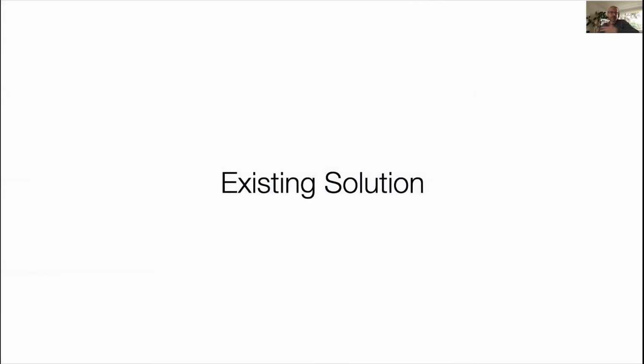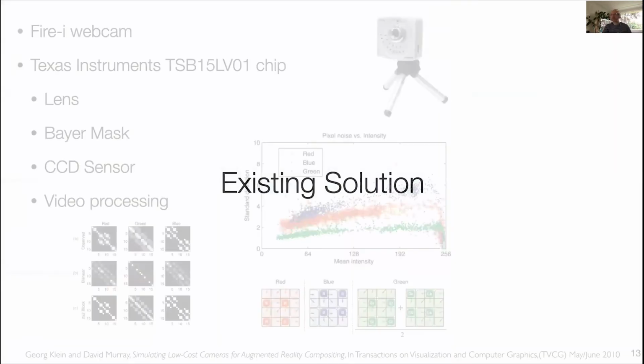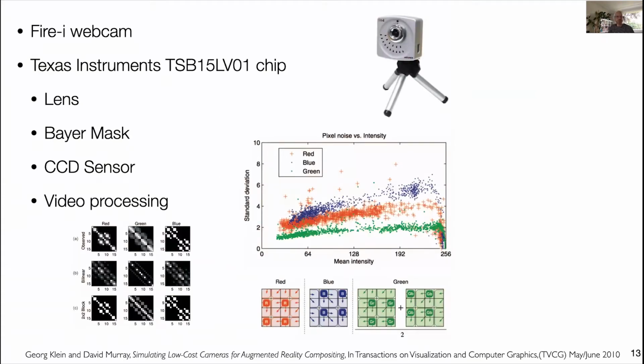And what he back then proposed was re-implementing the camera pipeline in real detail. So what he did back then was really for one very specific camera. That's the Texas Instruments camera that you see up there, which was a relatively standard camera, often used, a FireWire camera. And despite the low quality that you have seen, it was used in a lot of research projects.